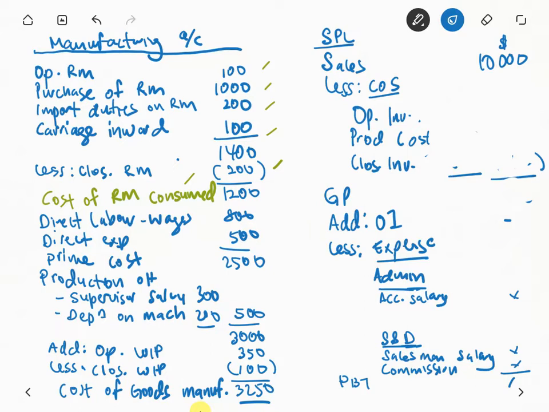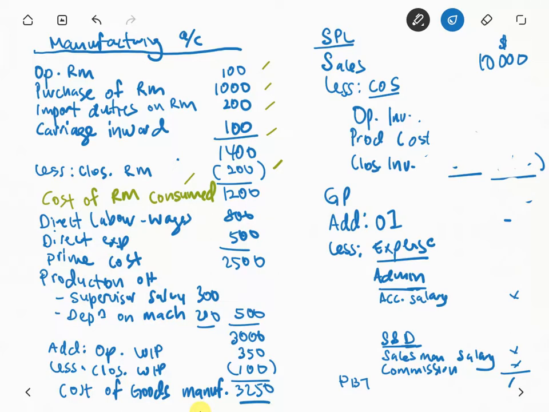Add material done, add labor, add direct expenses, find prime cost, and all the overhead. Once you got a total at the bottom, you got 2 more. Add WIP, less closing WIP. Clear? So this is how you familiarize the name. Now, manufacturing account 3,250.